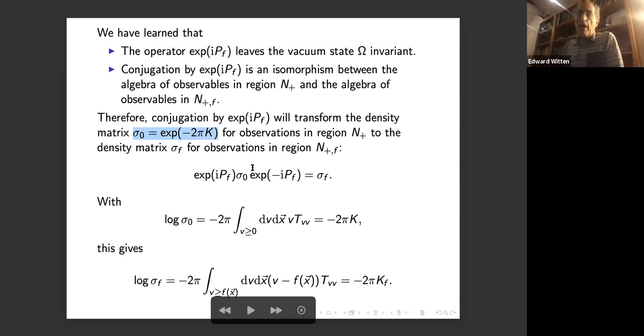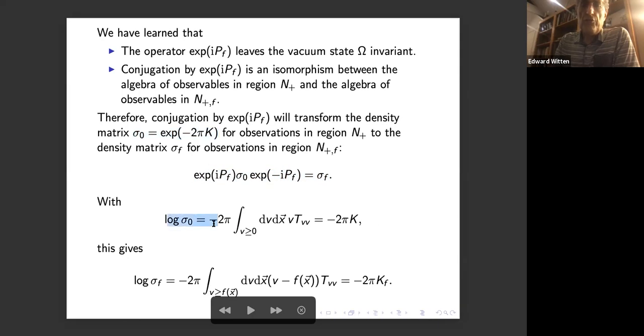Since you leave the vacuum state alone, both of these density matrices are for observations in the vacuum. Since e to the ipf leaves the vacuum invariant, when you conjugate with e to the ipf, you just map one region to the other, leaving the vacuum alone. So you map one density matrix to the other.